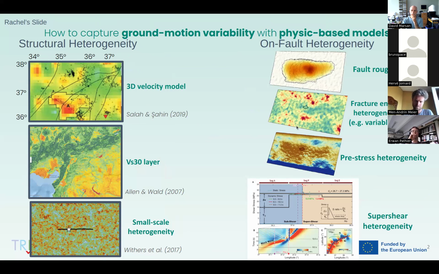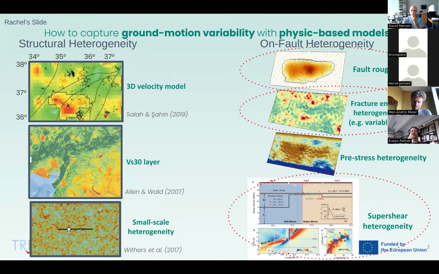For the time being, I've started off with fault roughness, as well as adding heterogeneous DC values, so the fracture energy, and also a supershear initiation. So for the time being, I've just been changing the different initial conditions.